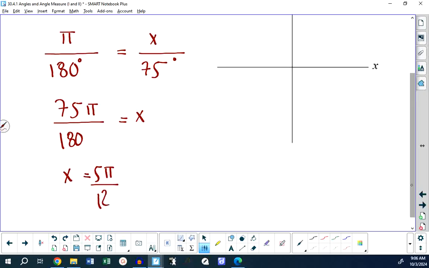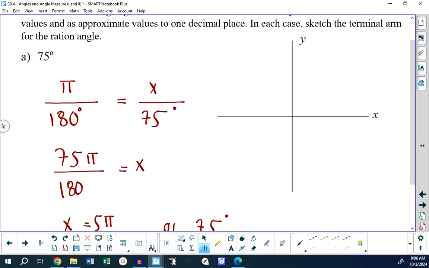Now, I'll ask you a question here. Is it easier, when we sketch this, to think of 5 pi over 12 rads or 75 degrees? I think 75 degrees is the simpler thing to think about here, isn't it? So all we're going to do is draw, I didn't hand out the rulers, don't worry about it, a terminal arm that we believe is at about 75 degrees.